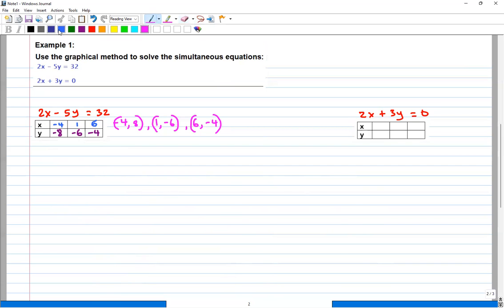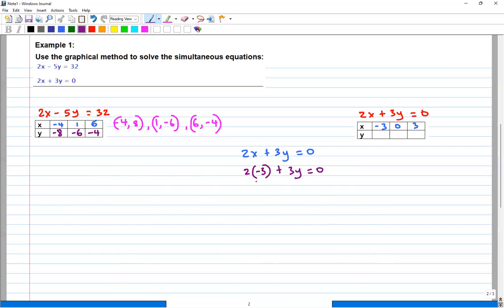Okay, now we have got the equation as 2x plus 3y is equal to 0. Now let's get some values of x. Let's say we have minus 3, 0, and 3. So x is minus 3, so we get 2 into minus 3 plus 3y is equal to 0.